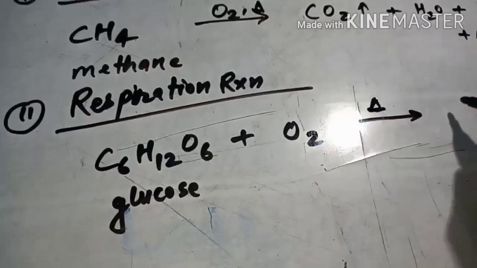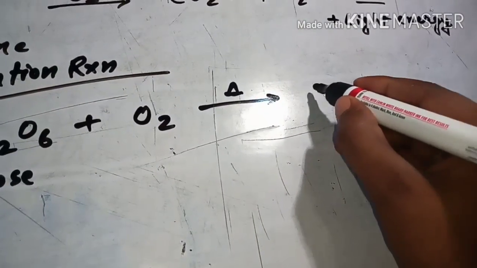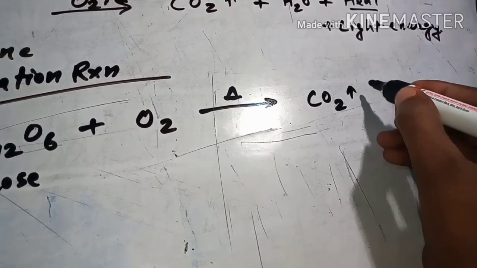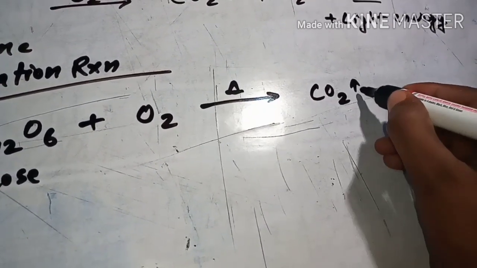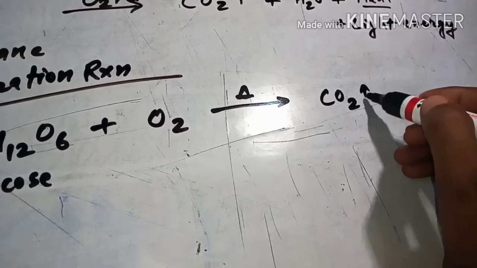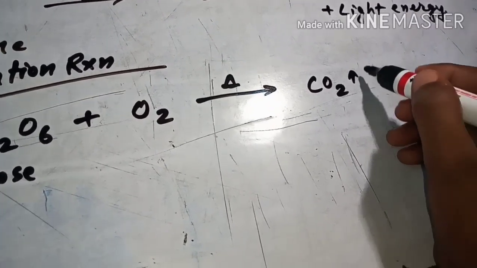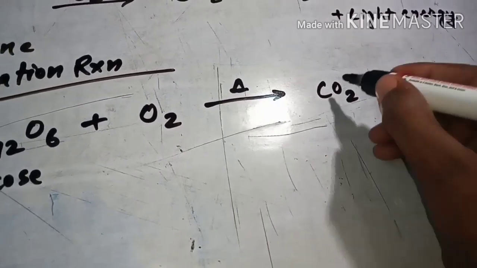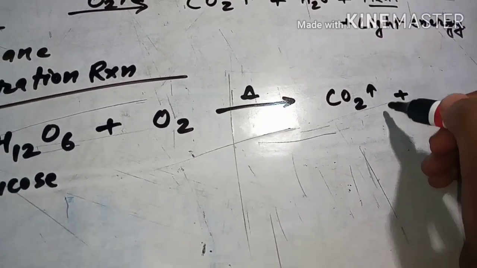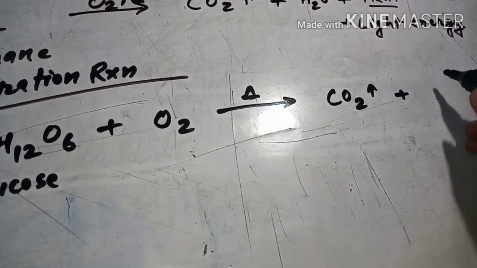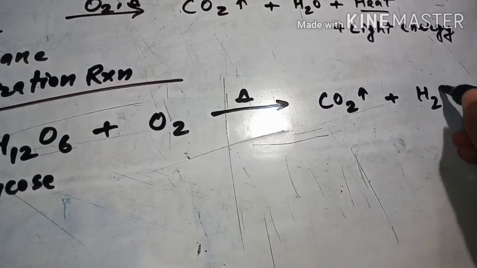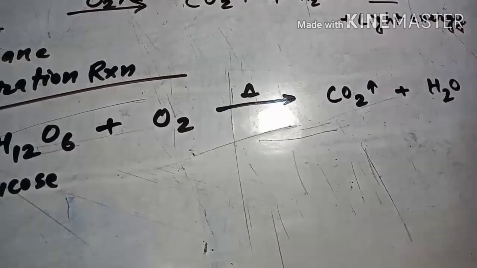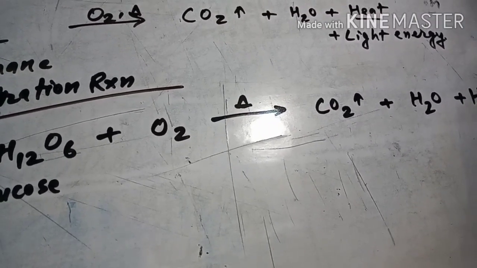So the product will form here. The product during respiration reaction is carbon dioxide gas, the upward arrow is symbol of a gas, plus water, H2O. Again H2O. In the previous reaction it also formed H2O plus heat energy.